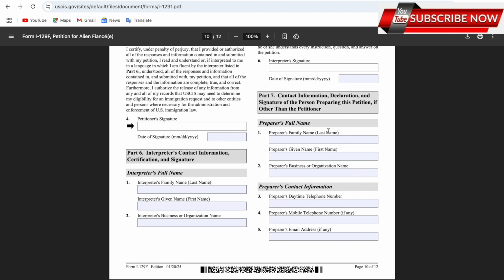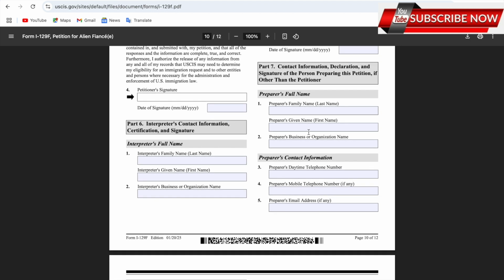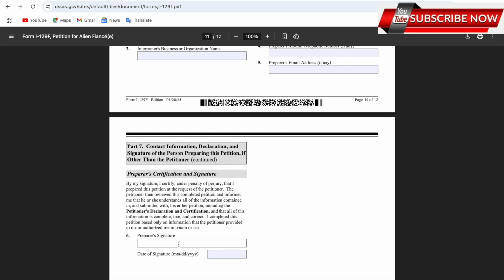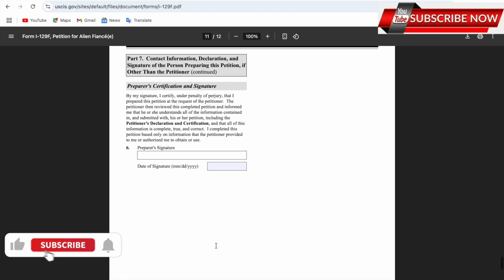And it says preparer, so it is somebody who prepared it for you. Maybe you went to a lawyer, so the lawyer has to put in that information. But if you did it yourself, you didn't go to any attorney, immigration attorney or whatsoever, then you leave this place blank. But if you went to an attorney, then you put in that information over here. The attorney needs to sign and date.